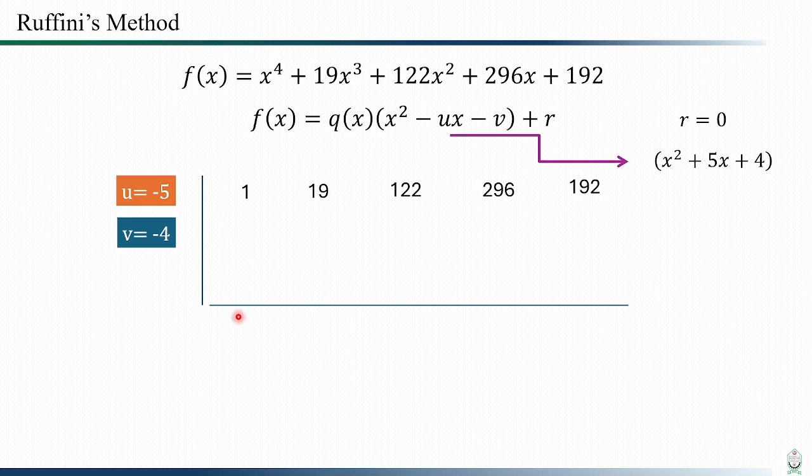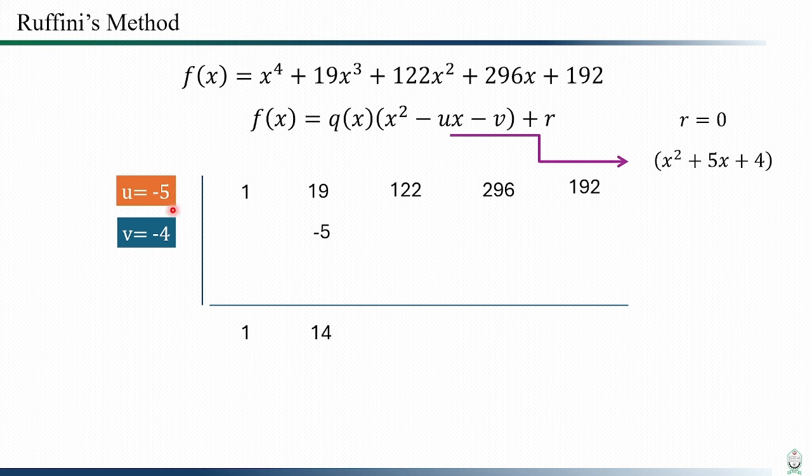Initially, the value of 1 will drop down here. Then this will be multiplied with the value of u, and the multiplication will reach here. This is the first step. And then there will be addition between these two quantities, that will be 14.